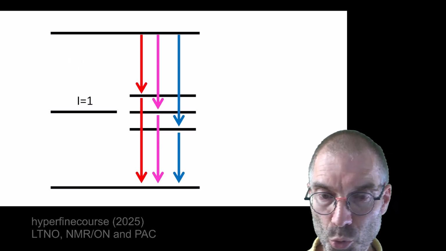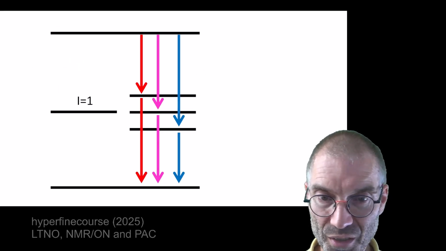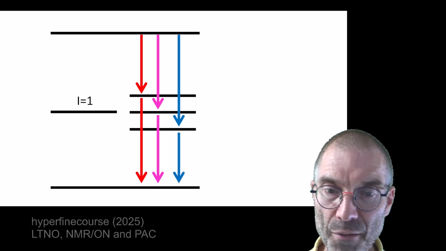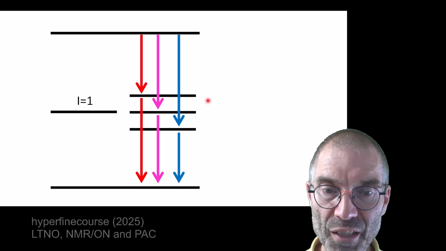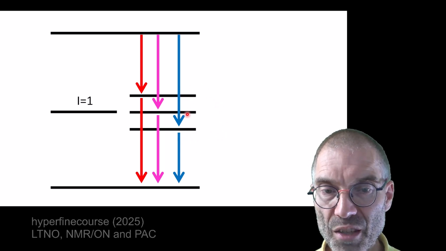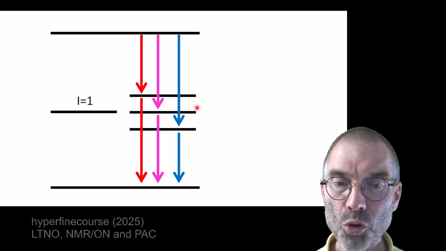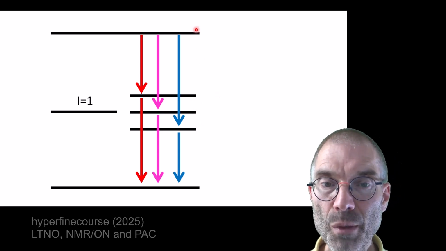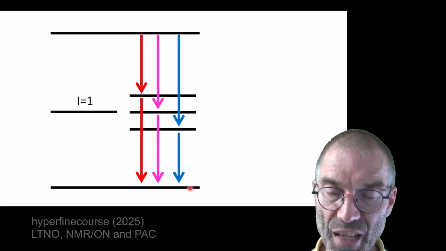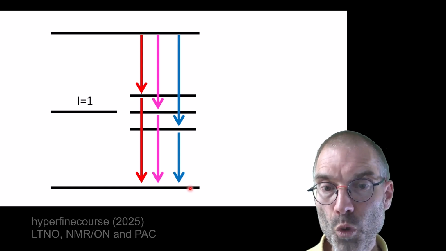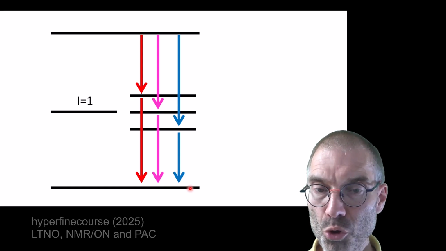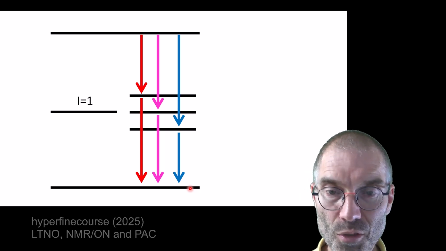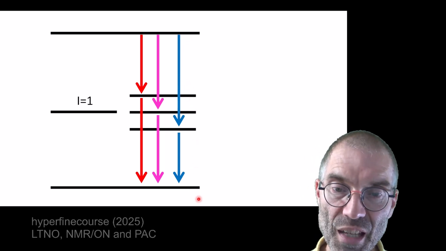That is possible, and I just give the bottom line of the argument here. We have a hyperfine interaction in this intermediate level, so micro eV differences between these levels, and we measure the first and the second photon, but without particular energy resolution. We need to be able to distinguish that they are the first photon and the second photon.